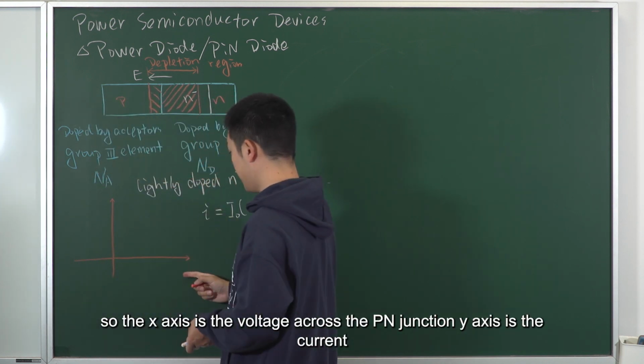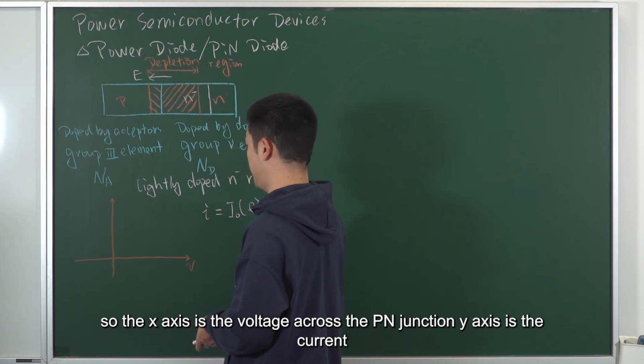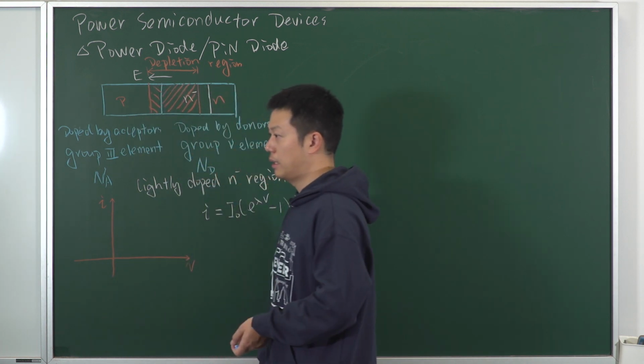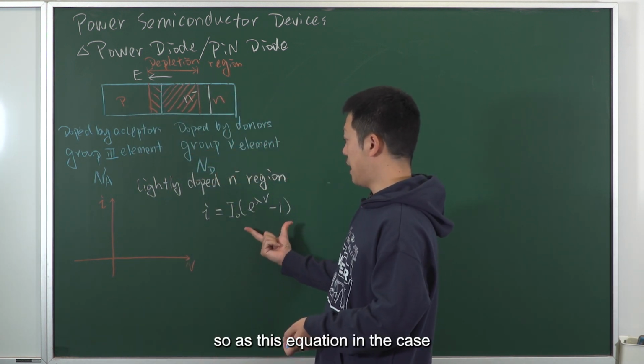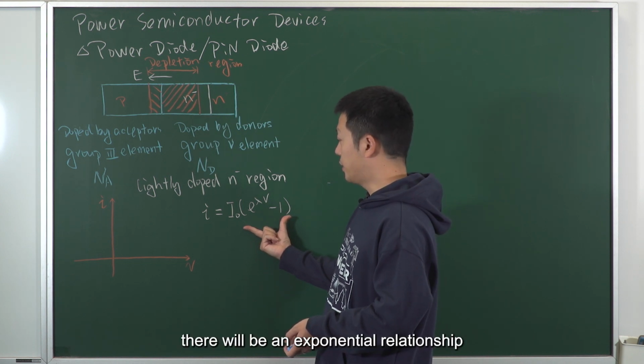The x-axis is the voltage across the PN junction. The y-axis is the current. As this equation indicates, there will be an exponential relationship.